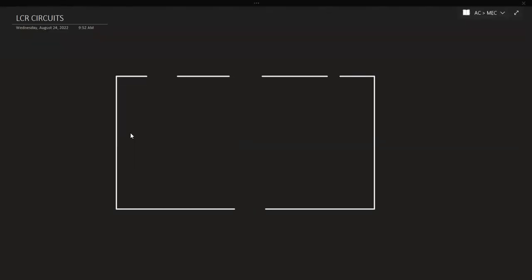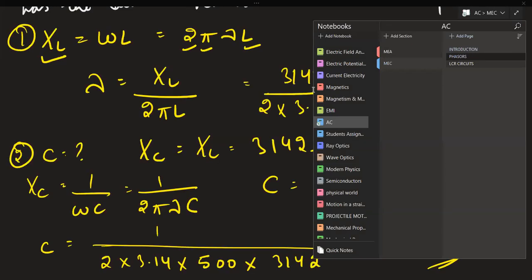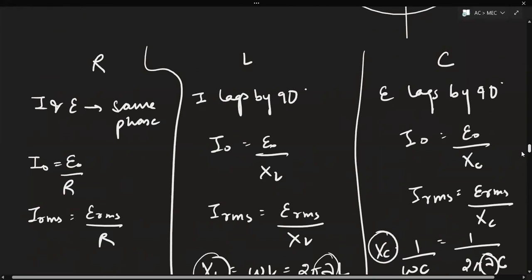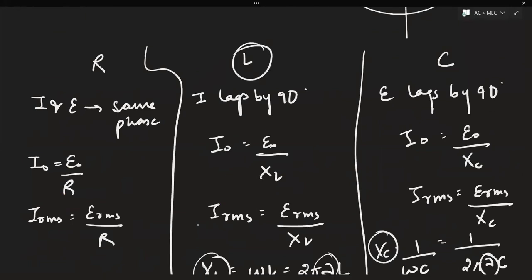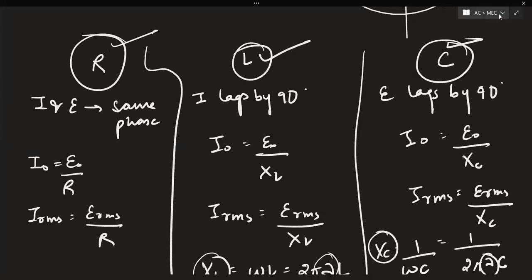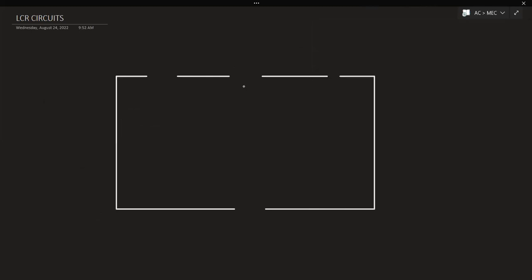Now, LCR circuit means what? See, here we had individual circuits. We had L separately, we had C separately, we had R separately. Now if a circuit contains inductor, capacitor and resistor, then we call that circuit an LCR circuit.